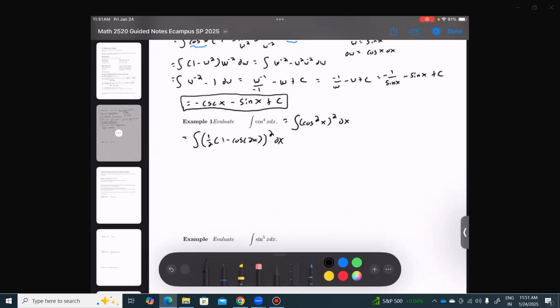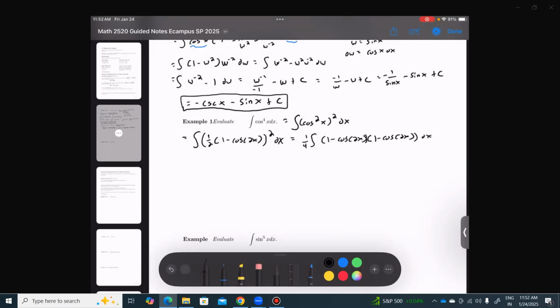Okay. And so let's do some simplifying with this. 1/2 squared is going to be 1/4. I can actually bring that out. And then we have 1 plus cosine of 2x being squared. So I will write this out this way so I can FOIL it, and then dx.